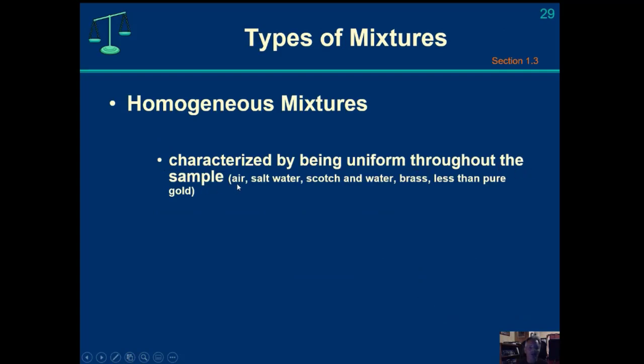Here are some examples. Air, salt water. I'm not talking about seawater, which has fish in it, typically, and seaweed and sand and all sorts of things. But if I just dissolve some salt in water, scotch in water, if there's no ice, you have yourself a homogeneous mixture.